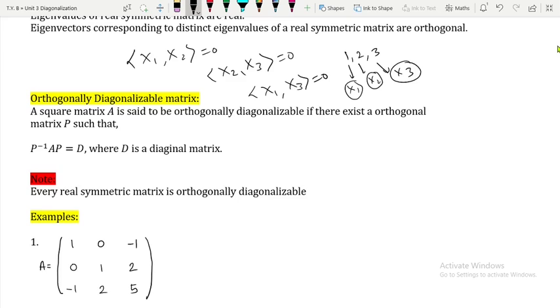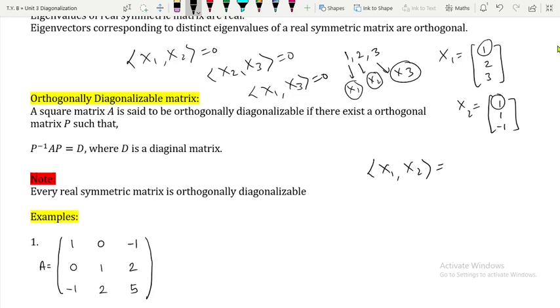You already know how to find the inner product. Suppose I have two vectors, x1 as 1, 2, 3 and x2 as 1, 1 and minus 1. What will be the inner product of x1 with x2? Simply take the dot product of the corresponding elements and add them. So 1 multiplied by 1 is 1, plus 2 multiplied by 1 is 2, plus 3 multiplied by minus 1 is minus 3.